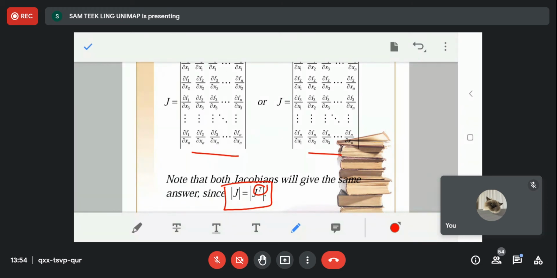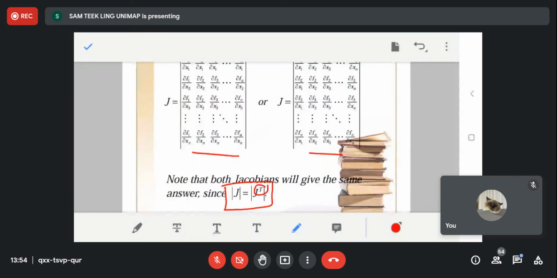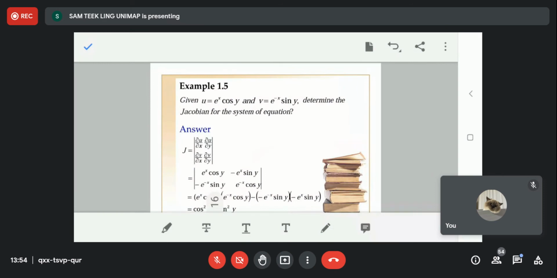So J and J transpose, the Jacobian and the Jacobian transpose, will give you the same answer. So what is the meaning? Now we go to Jacobian.